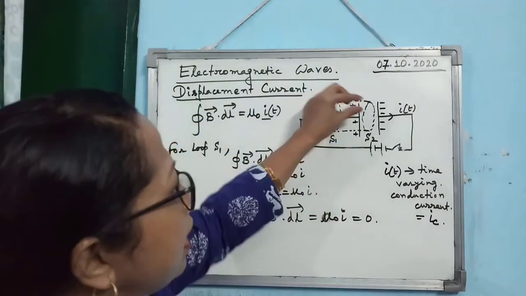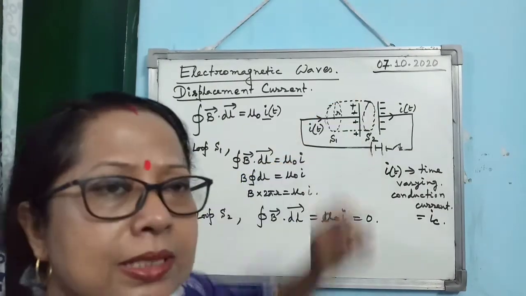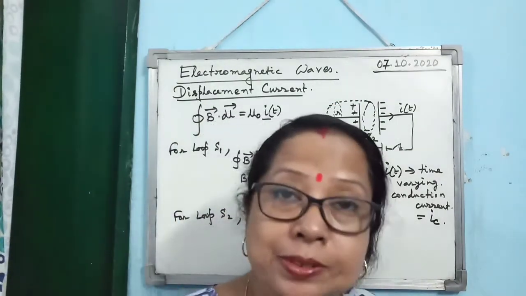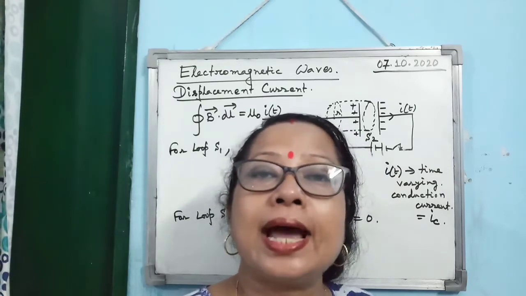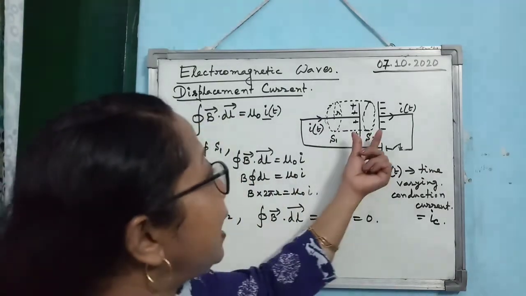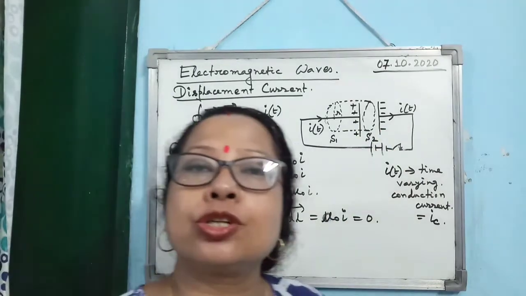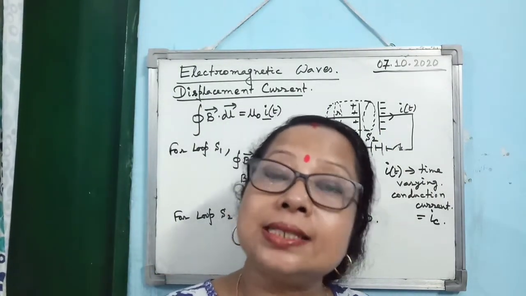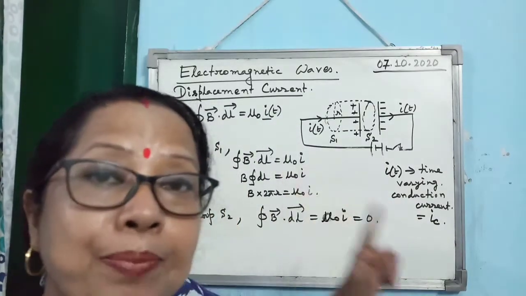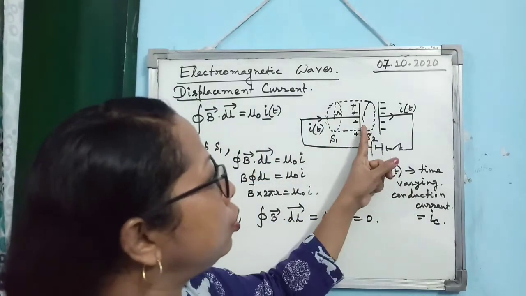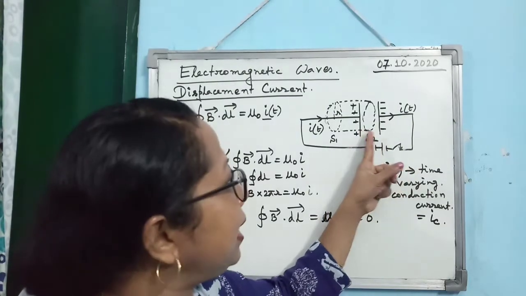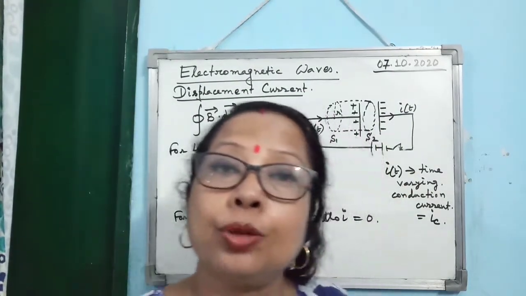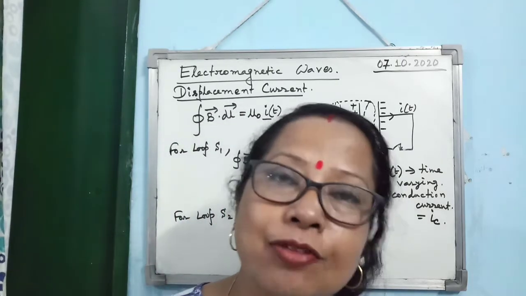But experimentally, if you keep a magnetic compass needle here, then the needle deflects, and it gives the proof of the existence of a magnetic field within the plates of the capacitor. Alright, so Maxwell said that what is actually happening is that the time varying electric field within the plates produces a magnetic field.